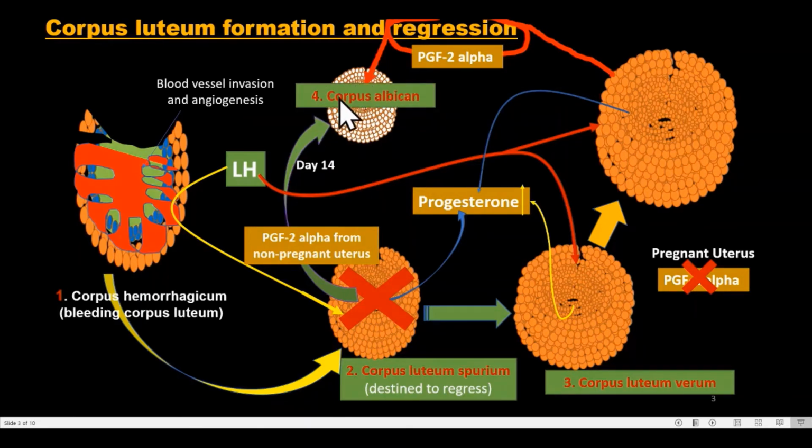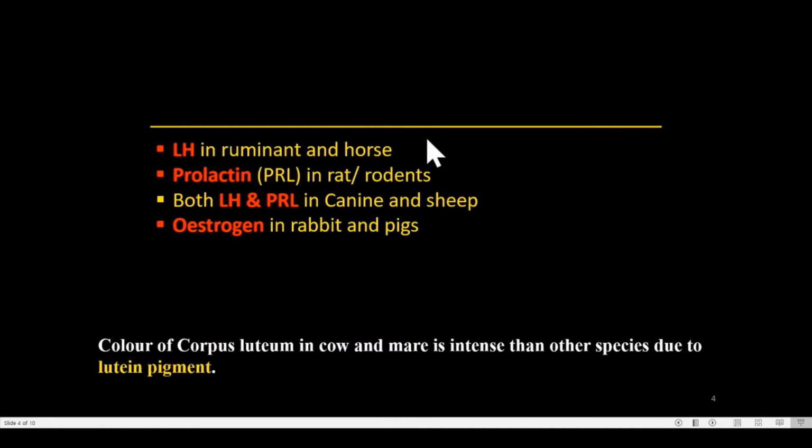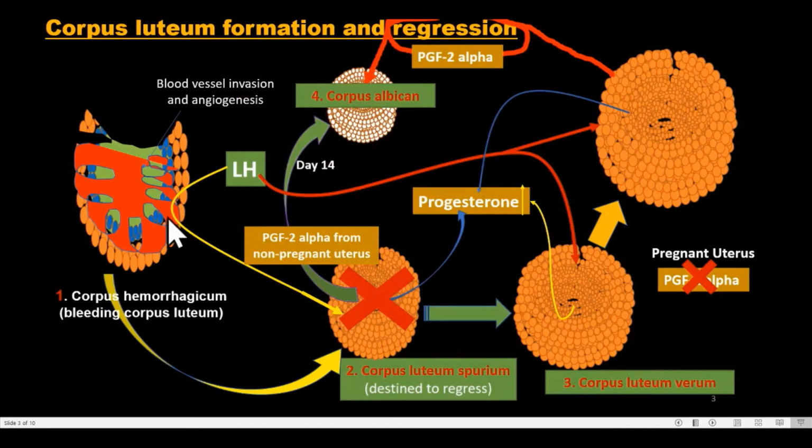That regressed corpus luteum is called corpus albicans, and it remains in the ovary for a few months as scar tissue. So we have seen four types of corpus luteum.